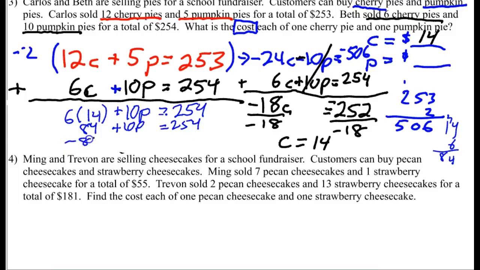We'll subtract 84 on both sides. 254 minus 84 is 170. So 10 times what equals 170? And we'll get 17. P equals 17. So pumpkin pie is $17. Cherry pies are $14.